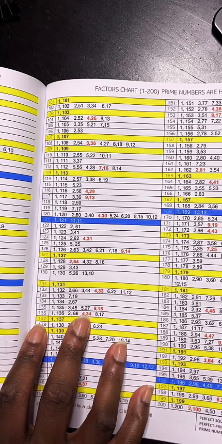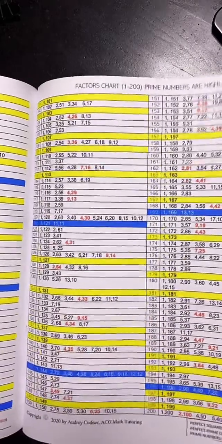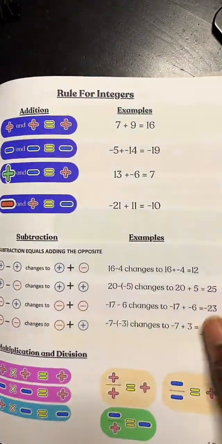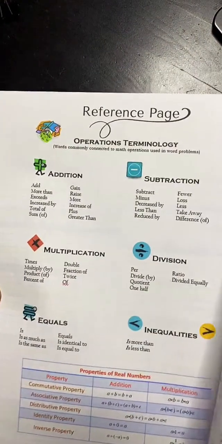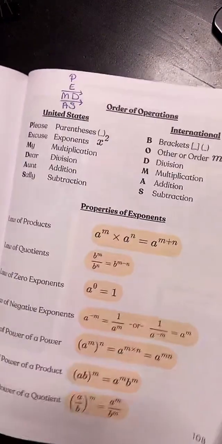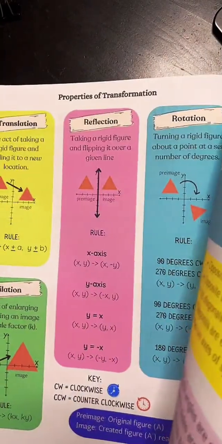I was like, where'd you guys go? All right. So it gives us a factor sheet, and then also the rules that a lot of people generally forget. Okay, so then you have your word problems. Then we also have your linear and quadratics, everything that you'll see on the test, and usually the ones that students have a tendency to forget.